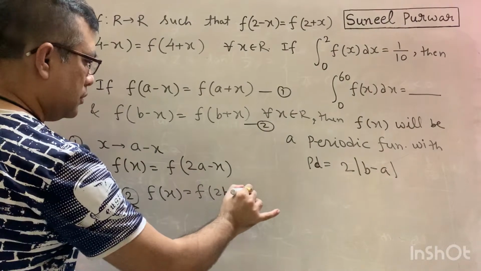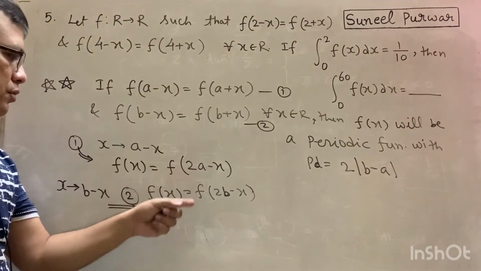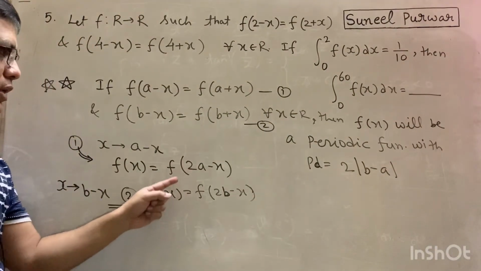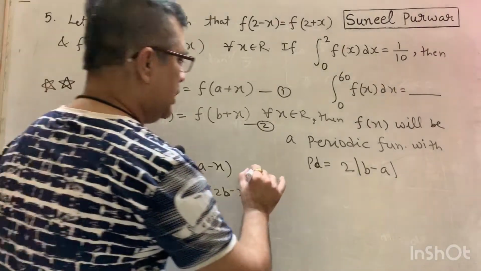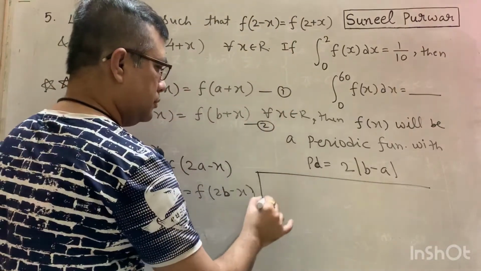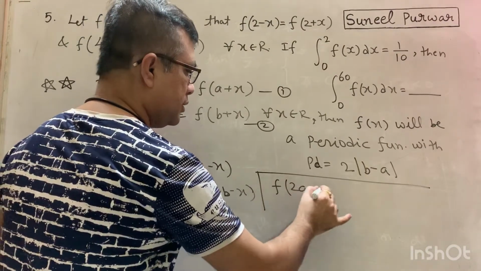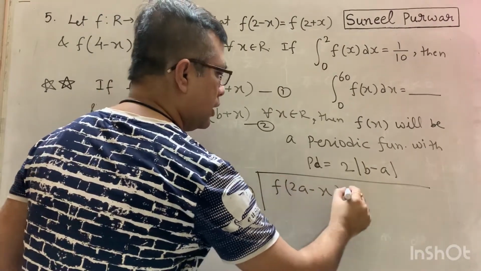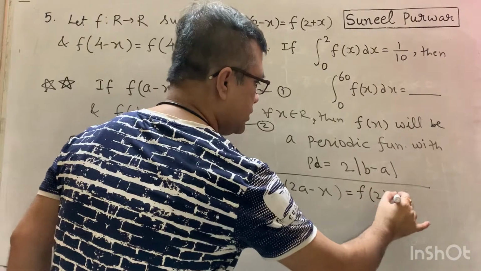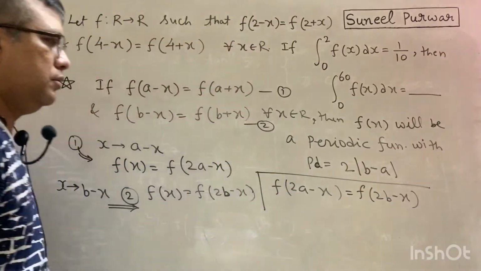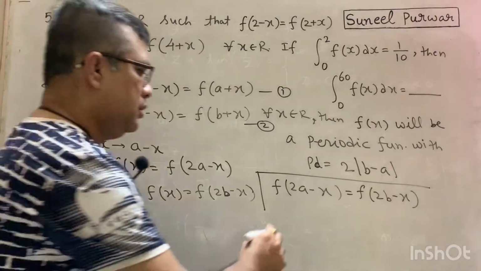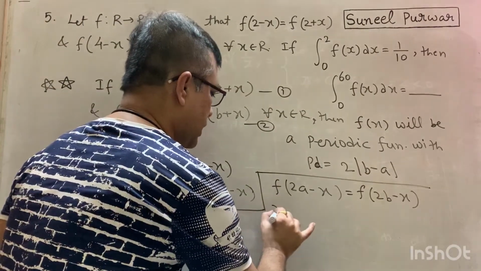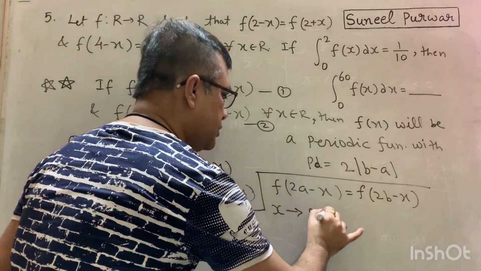Both are f of x, so this means f of 2a minus x is equal to f of 2b minus x. Let me write that. Now, once again let's use similar substitutions. I am replacing x by 2a minus x this time.